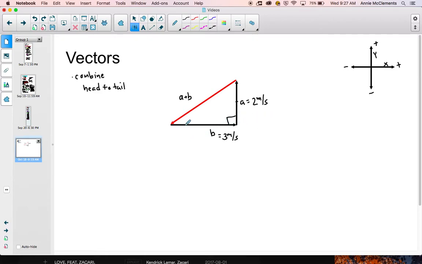Or, if we were given, say, that this angle was 30 degrees or something, we could use SOHCAHTOA. Sine is opposite over hypotenuse, cosine is adjacent over hypotenuse, and the tangent is opposite over adjacent.